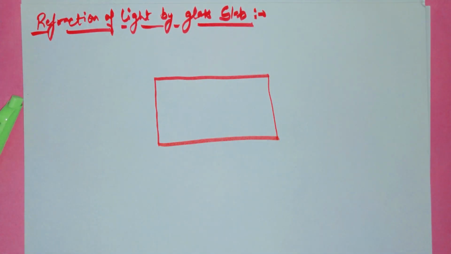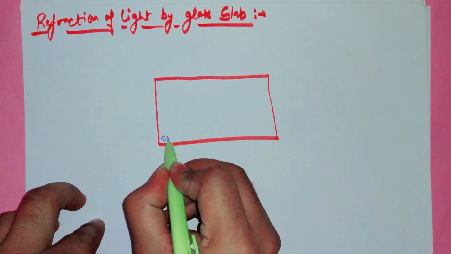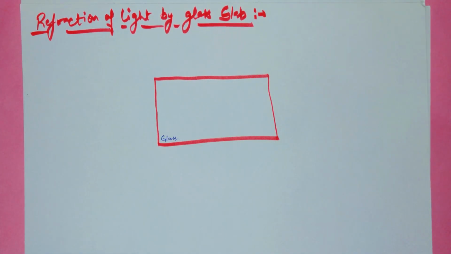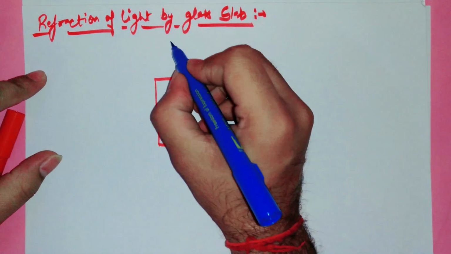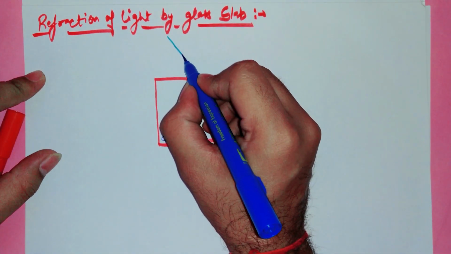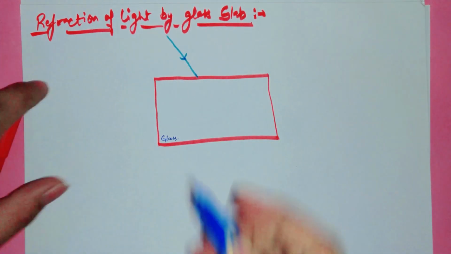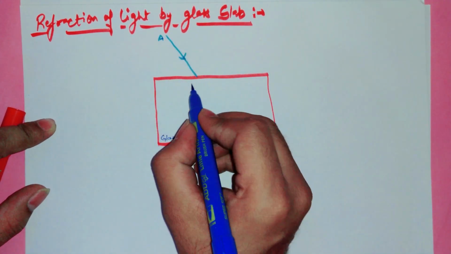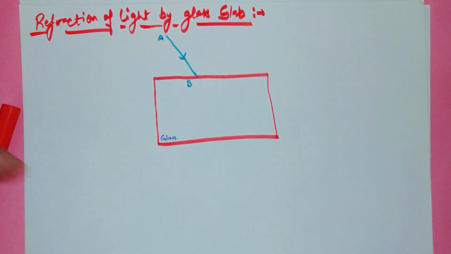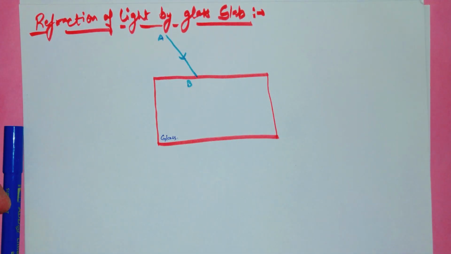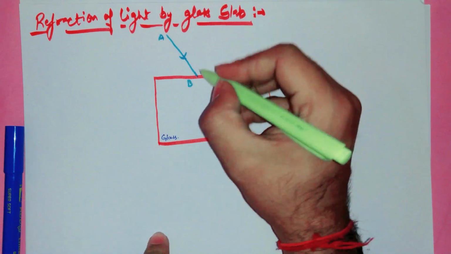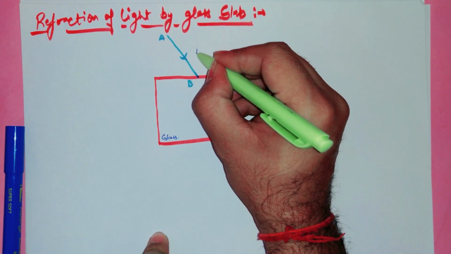This is made up of glass. So suppose light is incident at this portion of the glass slab. So this is light, we can name it AB. AB is the light, and at the point B we can draw normal.